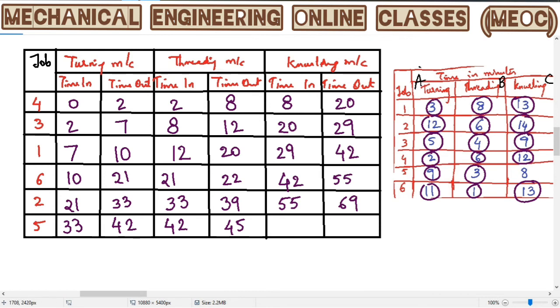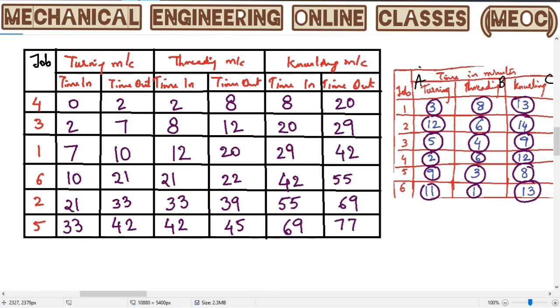Now job 5 is ready to go on to the knurling machine from the 45th minute itself, but because the knurling machine is busy with job 6, and after job 6 is completed job 2 will go, by then it will be 69 minutes, and only in the 69th minute can job 5 go. Job 5 will require how much time? 8 minutes. So 69 plus 8 is 77.